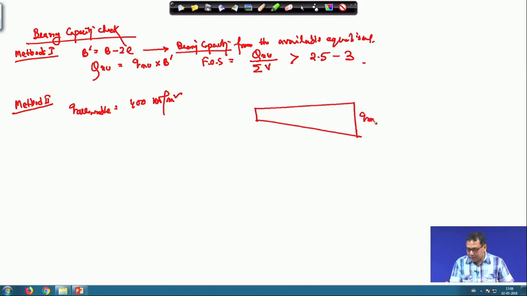This is Q max and this is Q min, and if E is equal to B by 6, then this point will be exactly 0. But it is not exactly B by 6, so it will be some Q minimum and Q maximum.